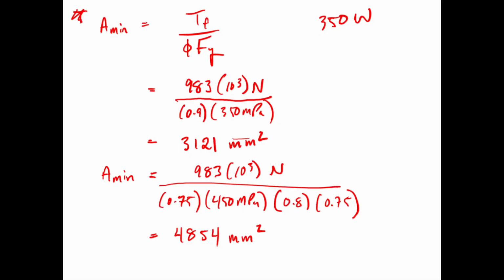Any questions about that calculation? What does that number mean? Between those two numbers, which one is the one that we need to work with when we're specifying the channel section?